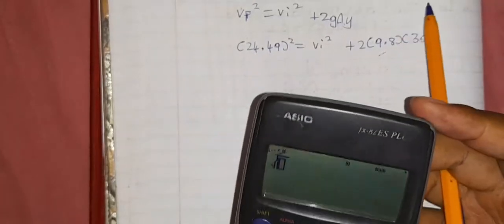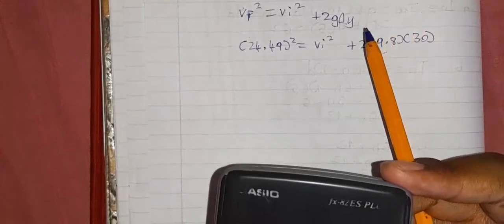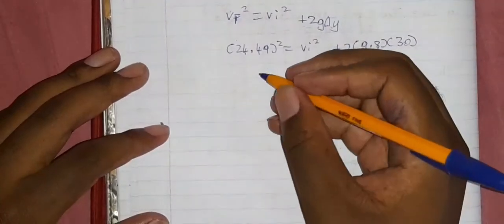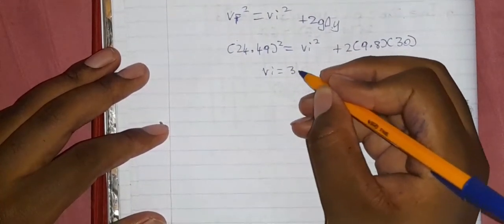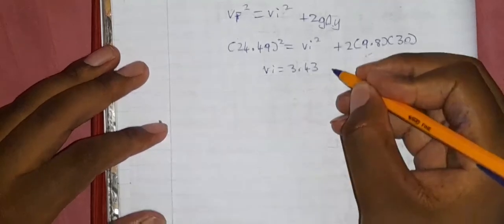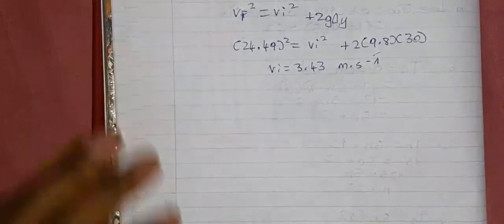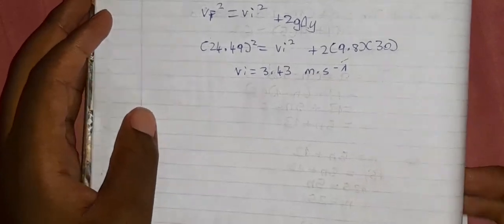Let's take the square root of that. Square root of answer, it gives me a value of 3.43. So the initial velocity is 3.43 meters per second. So this is the speed that Sipho threw the stone with initially.